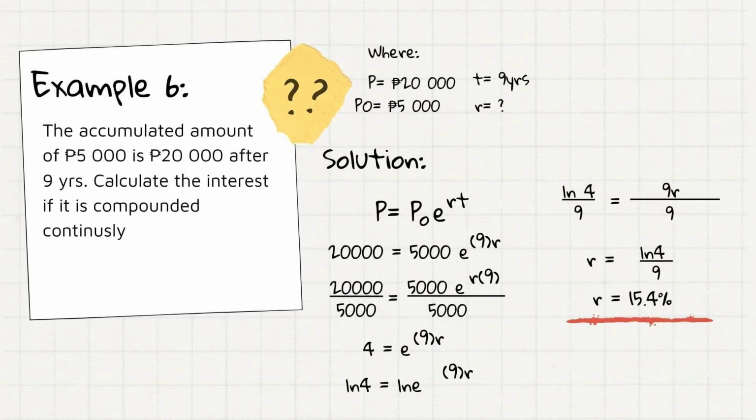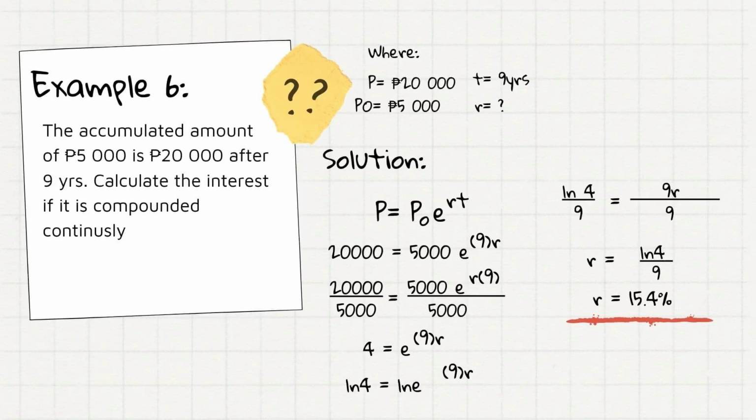So that's it. So this is our problem number 6, or the last problem. The accumulated amount of 5,000 pesos is 20,000 pesos after 9 years. Calculate the interest rate if it is compounded continuously.